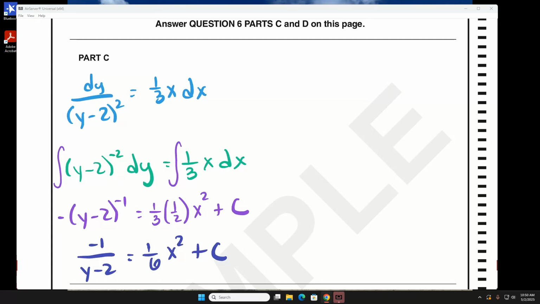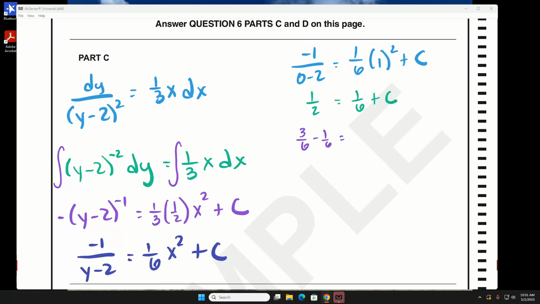So I'm going to put 1 in for x, then I'm going to put 0 in for y. Okay, so you can make C 2/6 if you want to. You can make C 1/3. Either way, it doesn't matter. I'm probably going to change it to 1/3, but you don't have to reduce it.